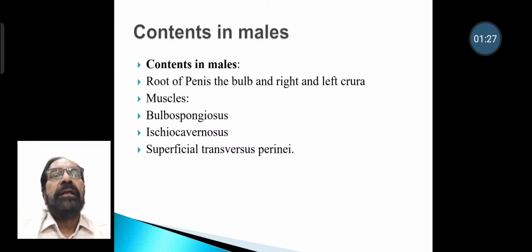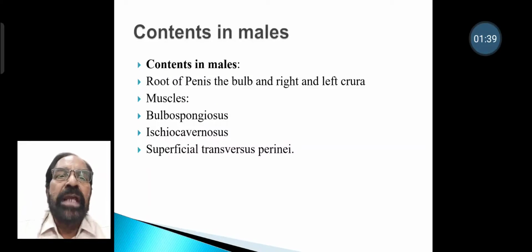Contents of the male: root of penis, the bulb, right and left crura. Muscles include bulbospongiosus, ischiocavernosus and superficial transverse perineal muscle.